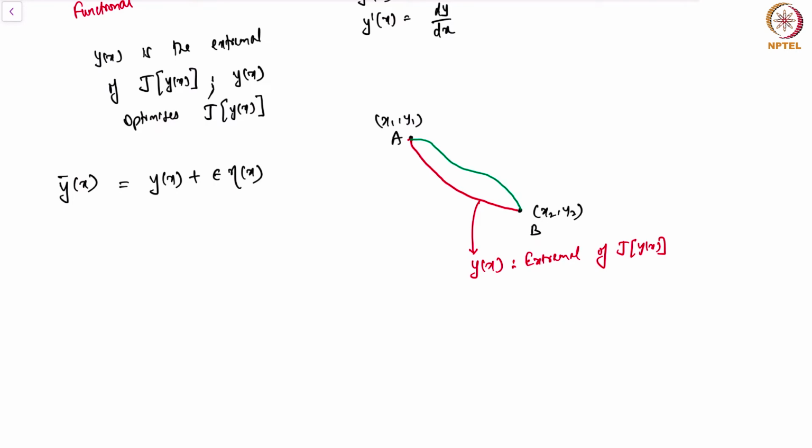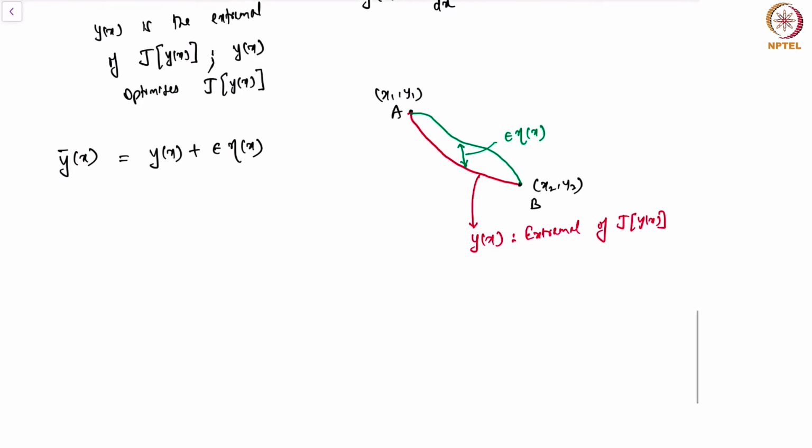At any point, this distance is given by epsilon eta of x. Now clearly, eta of x can be arbitrary, it depends on the problem. But epsilon is basically the deviation from this extremal that we are looking for. When epsilon goes to 0, we get the function y of x that we are looking for.